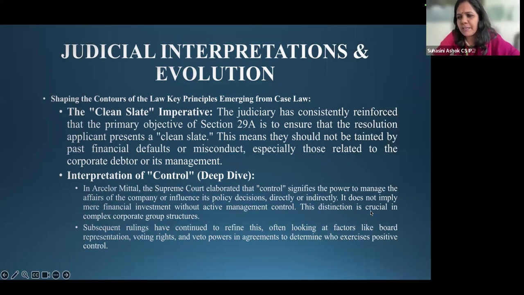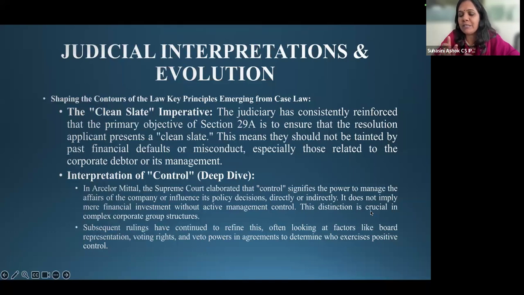Absolutely, you are right. And sir, there is a duty cast by IBC on resolution professionals and liquidators, and along with them, COC also has a duty to assess Section 29A diligence. That is what is happening in all the processes: bankers, especially COC members, are very, very particular about Section 29A diligence.